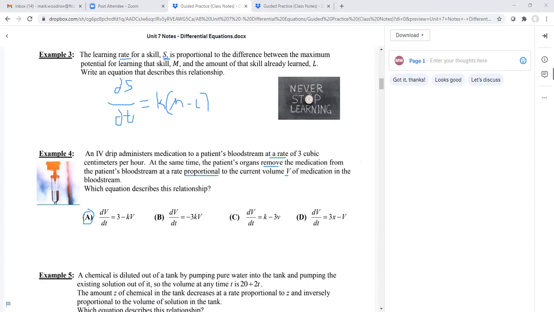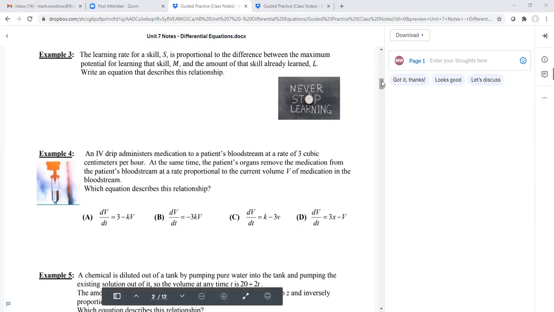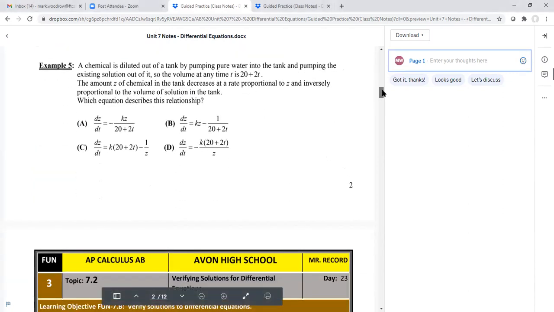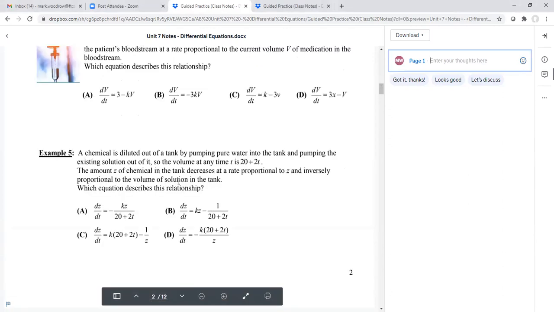Going on to the last problem in this section. It says a chemical is diluted out of a tank by pumping pure water into the tank and pumping the existing solution out of it at a volume at the time t equals 20 plus 2t.